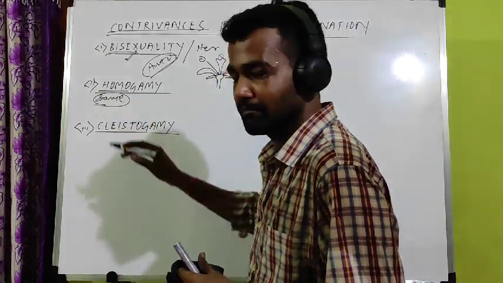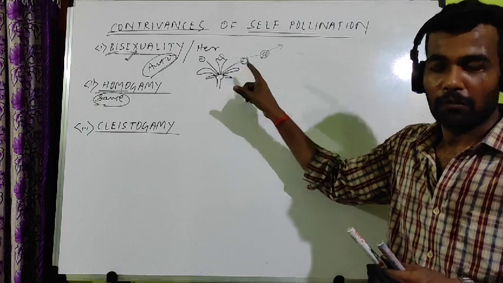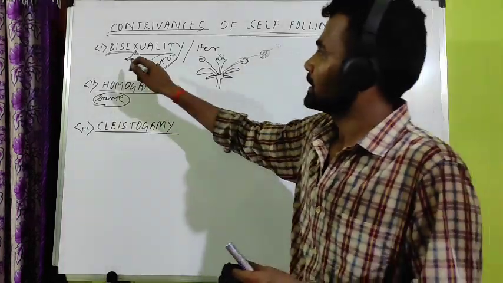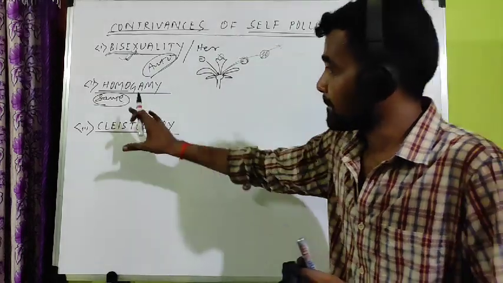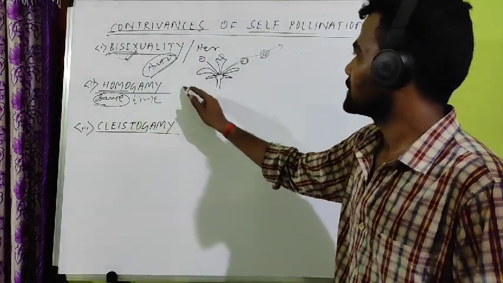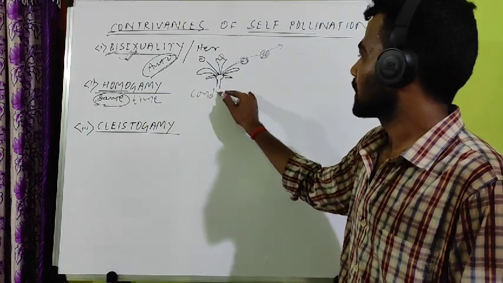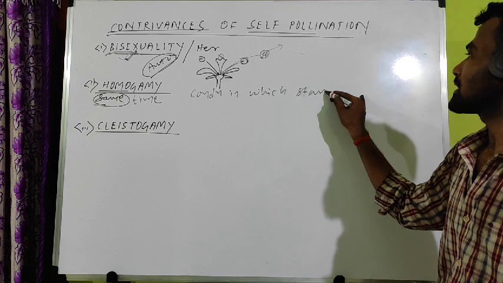Homo means same, so both should mature at the same time. That is called homogamy. So what is homogamy? The condition in which stamen and carpel mature at the same time.